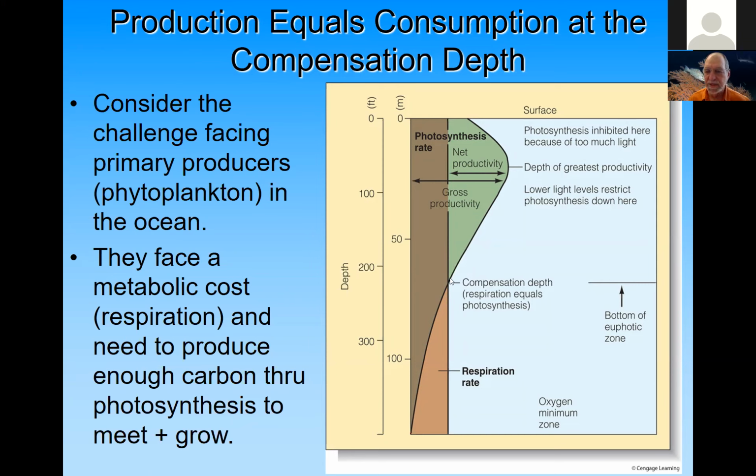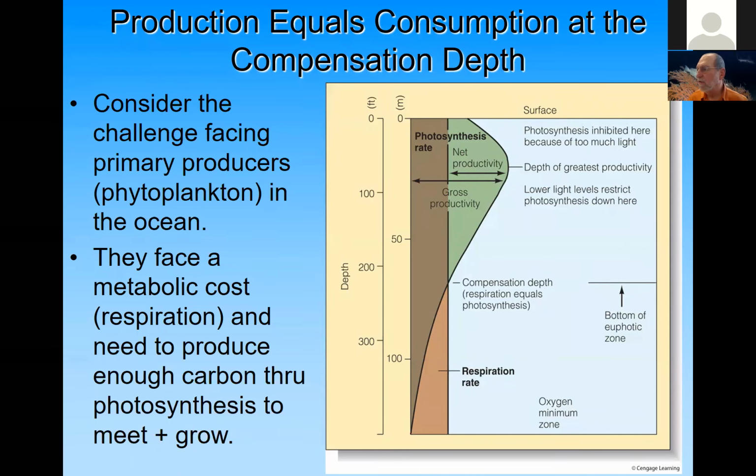But if you knew the minimum amount of light level needed for respiration and production, you could calculate what that would be, and that's how you would make that calculation. It's the bottom of the euphotic zone.